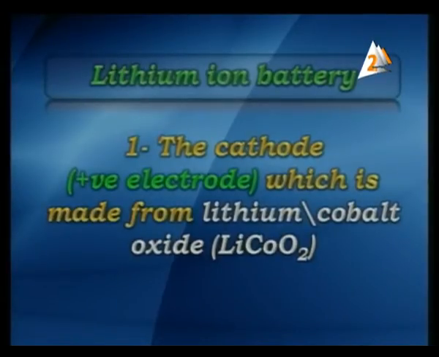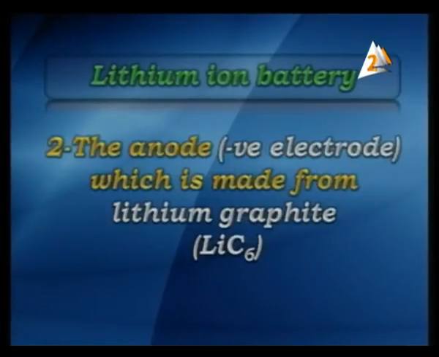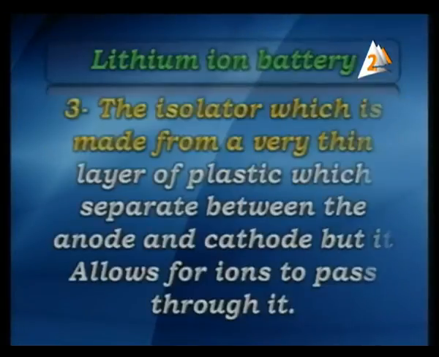It means lithium cobalt oxide. But this is not all. Look at this: the anode is the negative electrode, which is made from lithium graphite. It has the formula LiC6.